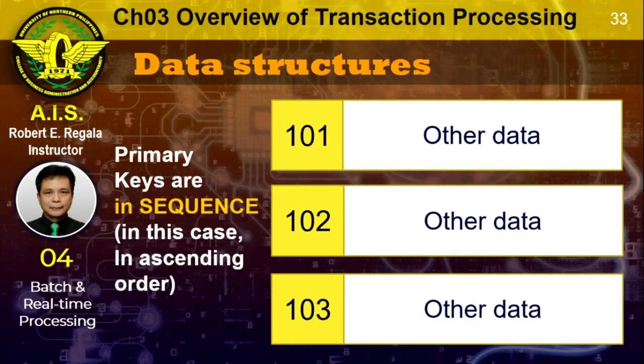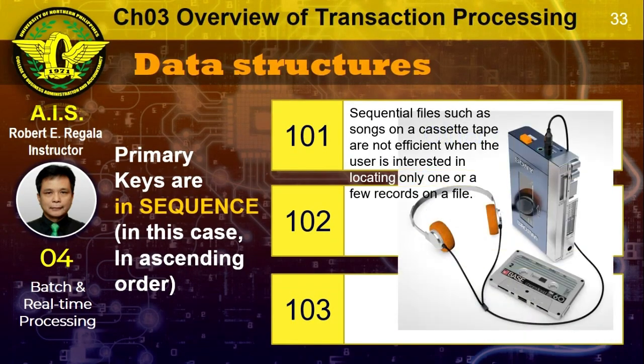Sequential files are not efficient when the user is interested in locating only one or a few records on a file. A simple analogy can be made with an audio cassette player, such as the Walkman. If you wish to listen to only the 10th song on the tape, you must fast forward to the point at which you think the song is located and then press the play button.